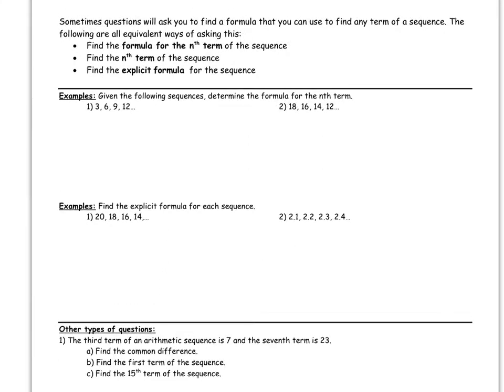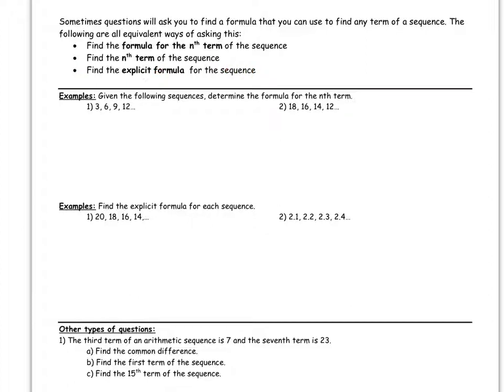Alright, so sometimes the questions will ask you to find a formula that you can use to find any term of the sequence, not to use one to find a term. So the following are all equivalent ways of asking this. I could say find the formula for the nth term, find the nth term of the sequence, or find the explicit formula for the sequence.